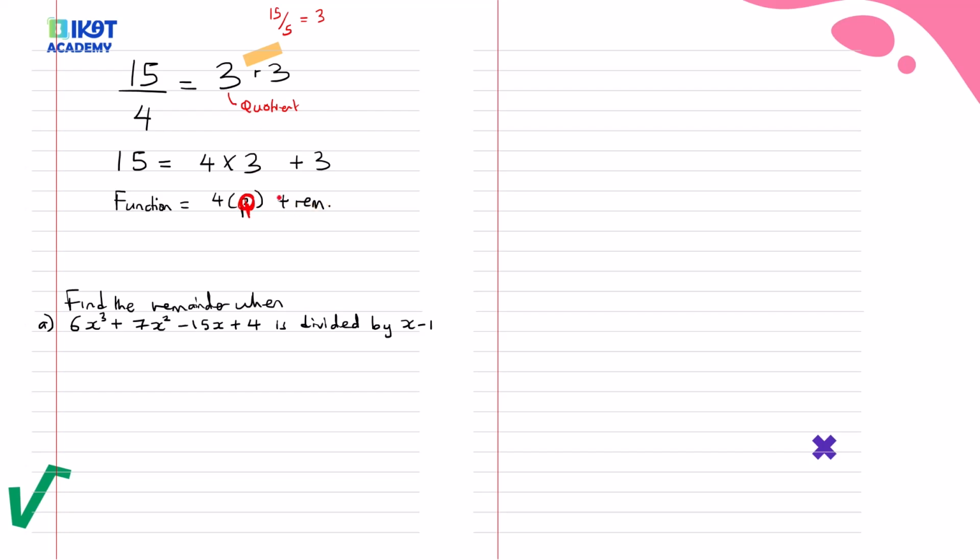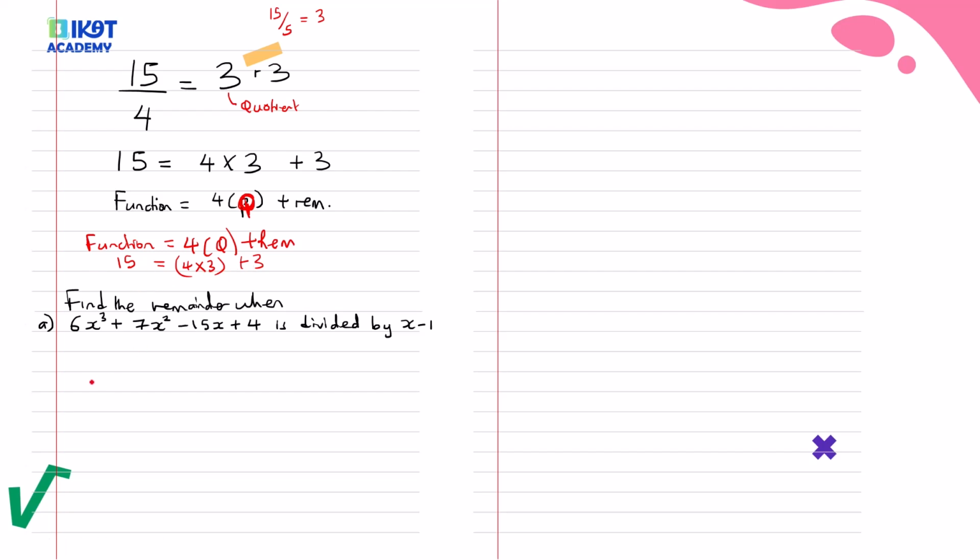This is going to be our basis: any function can be expressed as the product of the divisor, here 4, and the quotient, plus the remainder. And we've seen that this makes sense. Here, 15 equals 4 times the quotient 3, plus the remainder, which is 3. So this is 12 plus 3, so you see it's 15.